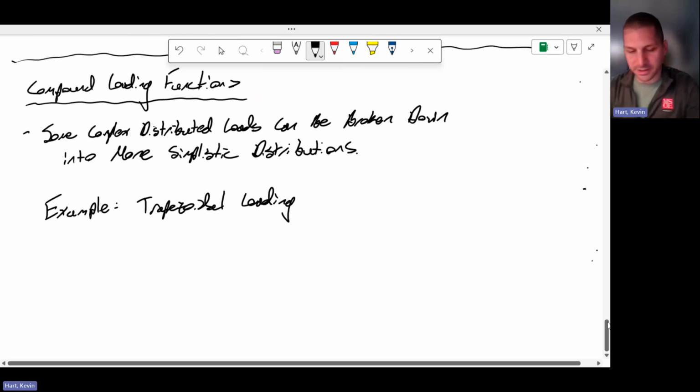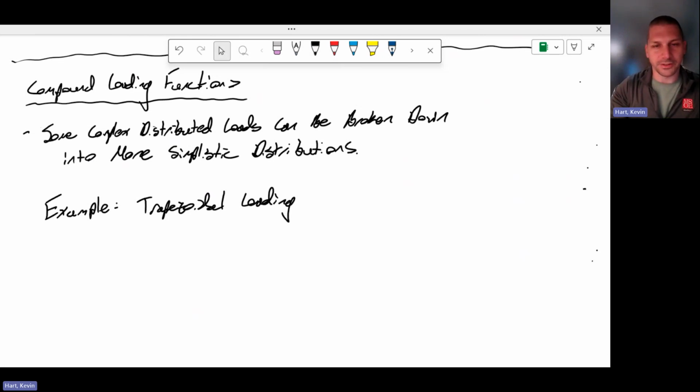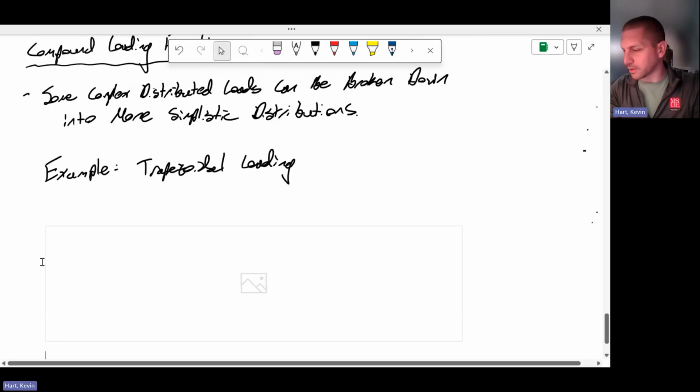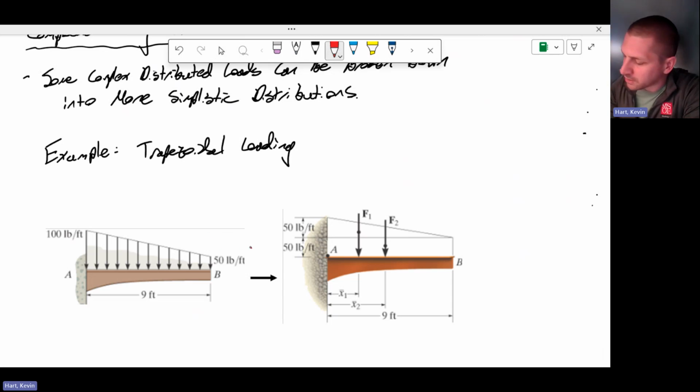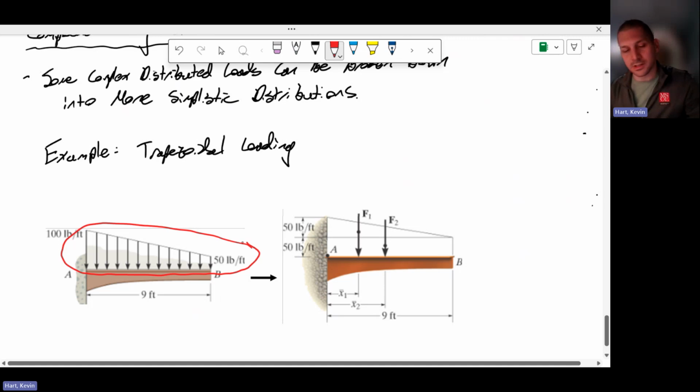So there's an example in the lecture deck here. I'll just take this one directly. Looks a bit like this. So here we have this trapezoidal loading function. It's a linear distribution which does not start at 0 or does not end at 0. So it has this trapezoidal shape.